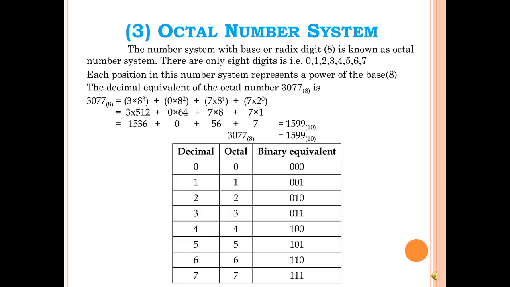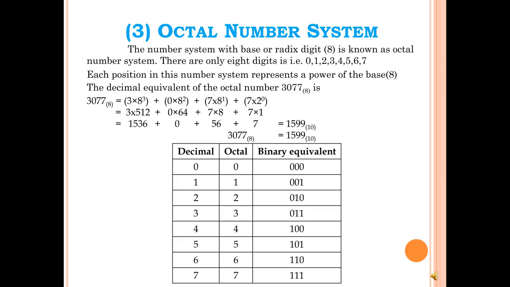The decimal equivalent of the octal number 3077 base 8 is 3 multiplied 8 to the power 3 plus 0 multiplied 8 to the power 2 plus 7 multiplied 8 to the power 1 plus 7 multiplied 8 to the power 0.